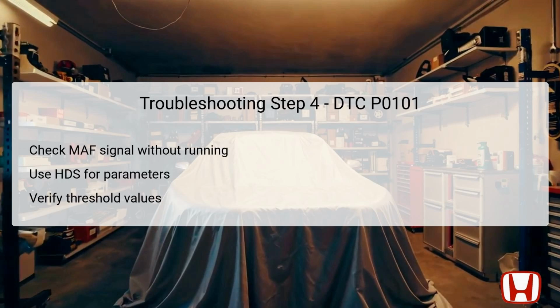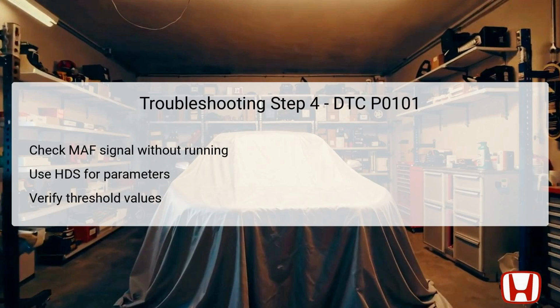Moving to the fourth troubleshooting step, you will need to check the MAF sensor signal without the engine running. Start by turning the ignition switch to the lock position and then to the on second position. Utilize the Honda Diagnostics System, HDS, to check the MAF sensor's parameter values. The expected signal threshold should be about 0.2 grams per second, g/s.